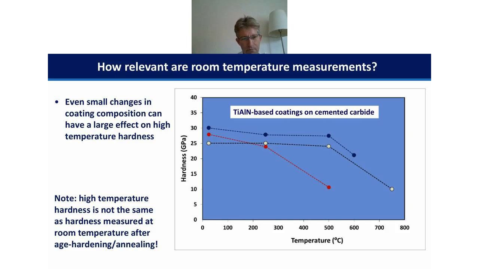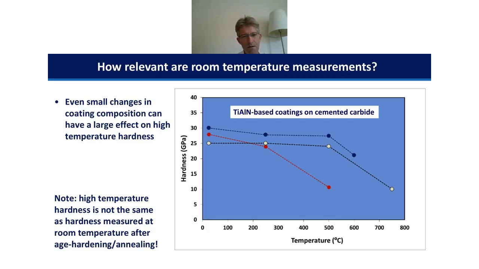So if we take three different coatings that are used in these applications, typically as shown here, what we can see is if we rely just on the room temperature data, then they fall in a reasonable band of about 25 to 30 gigapascals hardness, which is perfectly adequate.